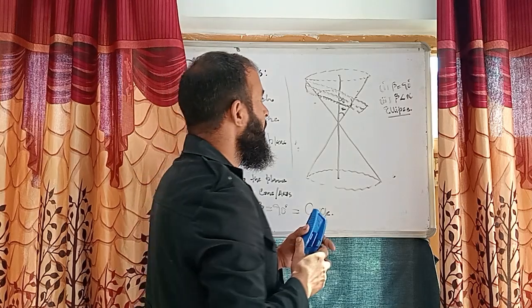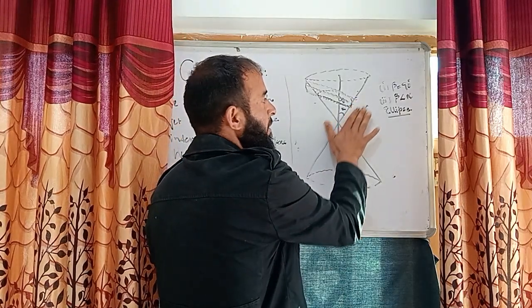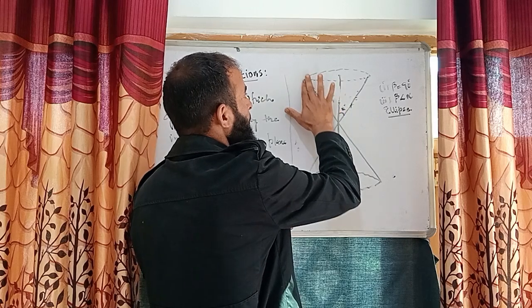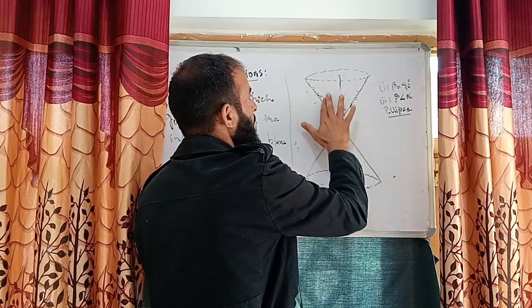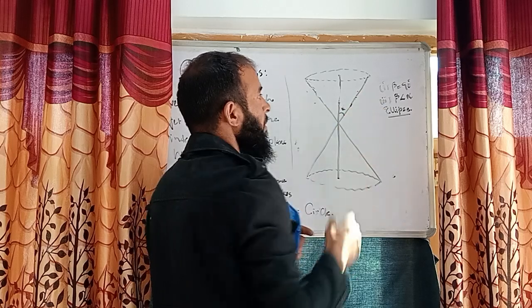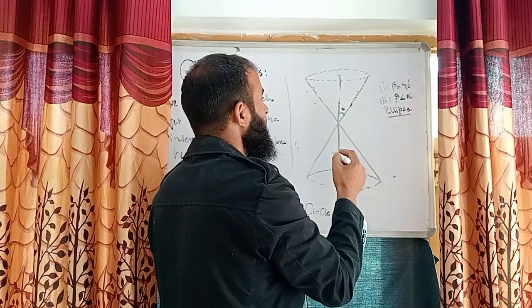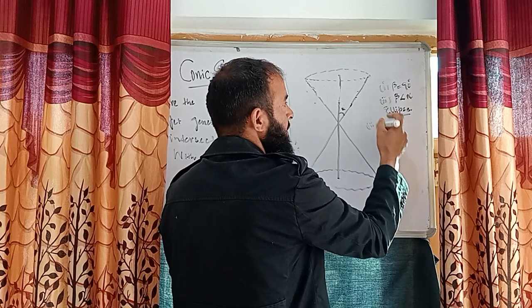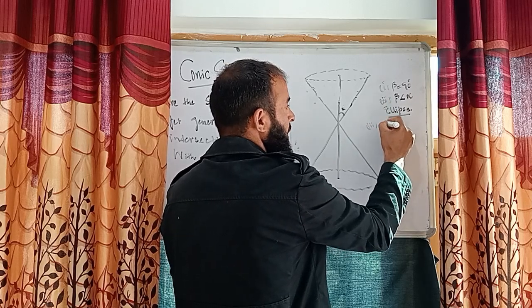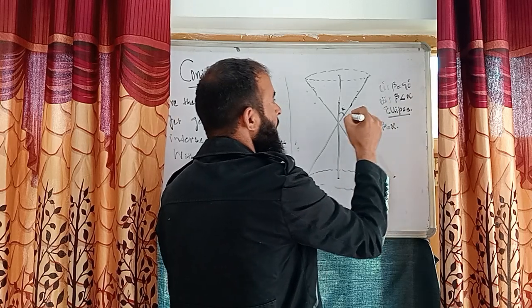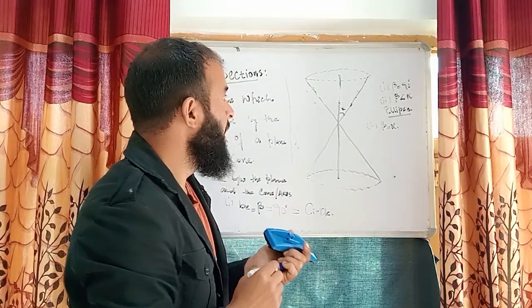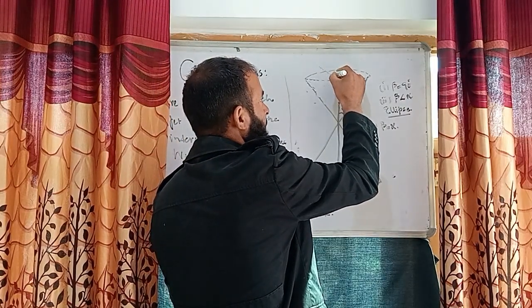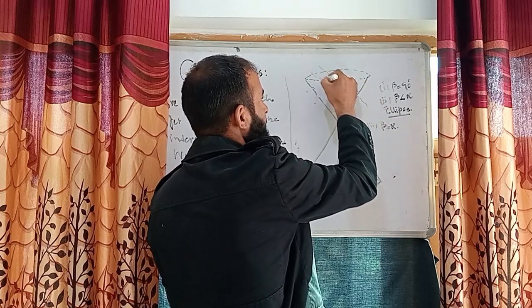And when we change this angle further, we take beta equal to alpha. When beta is equal to alpha, the plane will be like this.